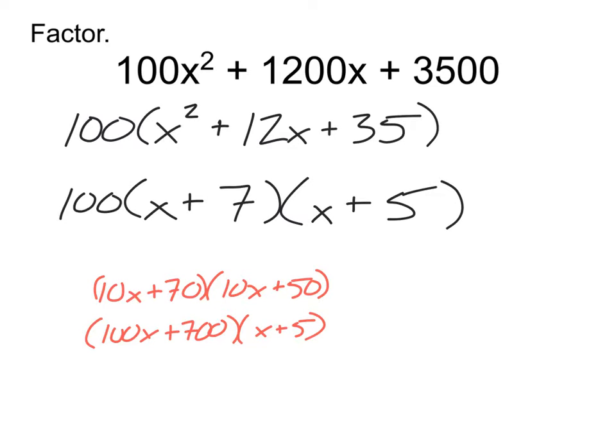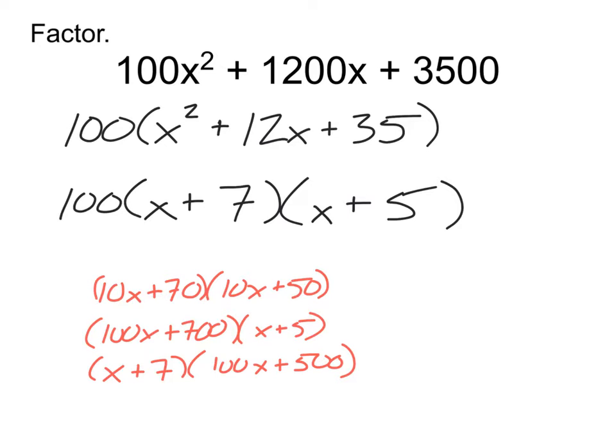You'll notice in this case I could divide that first parenthesis by 100. So therefore, only partially factored, not completely. Or you might have come up with x plus 7 times 100x plus 500. Again, notice in the last parenthesis, I can factor 100 out of both terms, therefore again, not completely factored. So while each of these would be considered partially factored, they would not be considered correct when we are asked to factor these, because factor means write it completely factored.